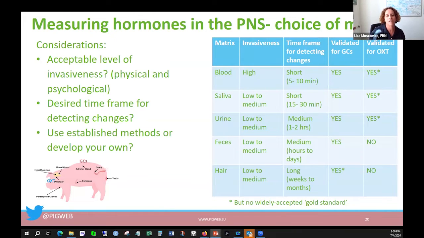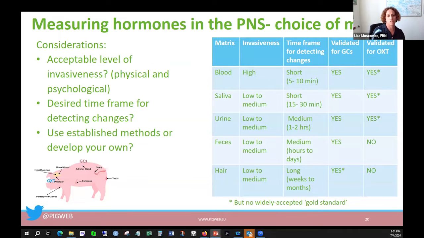It really depends on your methods for collecting these samples. So you can do sampling in a way that's going to truly be minimally invasive in the sense that the animals aren't going to be restrained and they're hopefully in their home environment. But if you're restraining the animals or if you're separating them socially for long periods of time to get these samples, I would consider this to also be moderately invasive and potentially affect the hormones. So you have to think about the methods, even when you're looking at matrices besides blood.